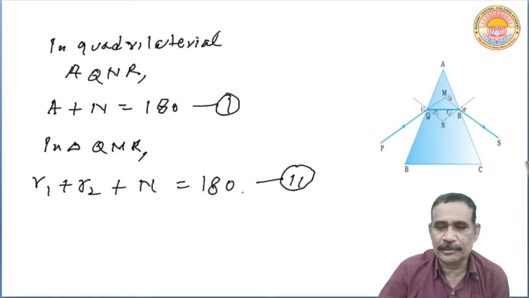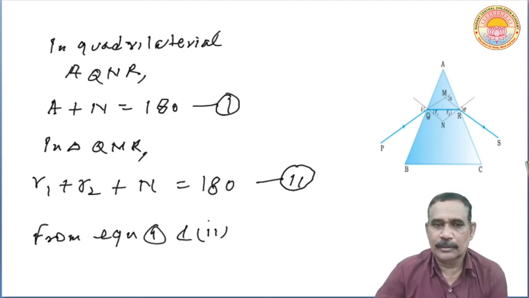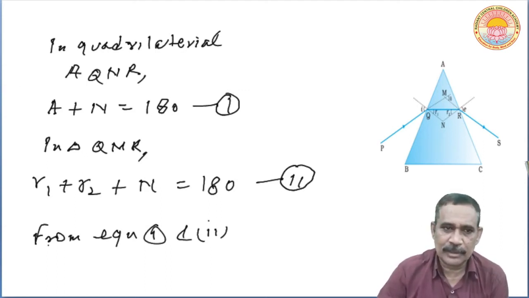This is the second equation. From equation 1 and 2, in equation 1 angle A plus angle N equals 180 degrees, and in equation 2 R1 plus R2 plus N equals 180 degrees.